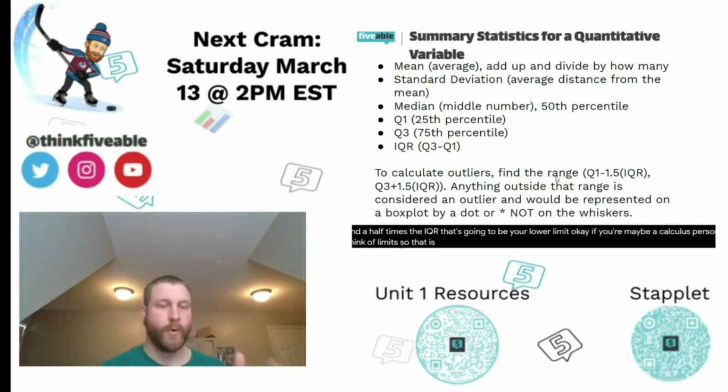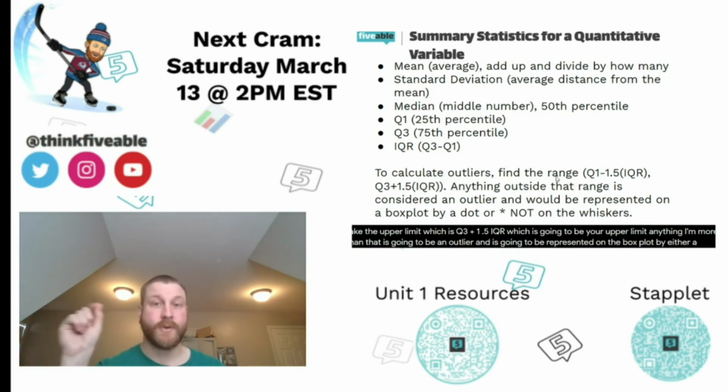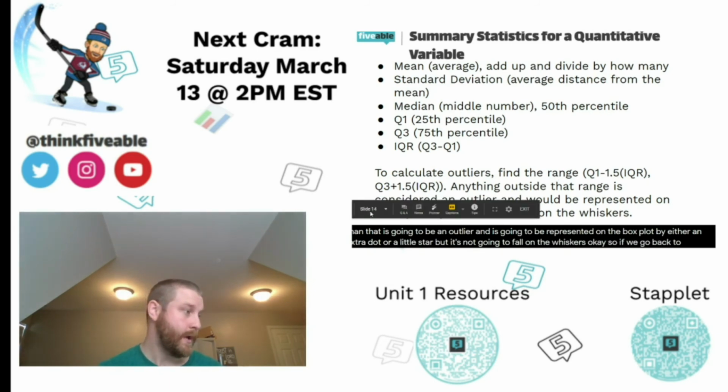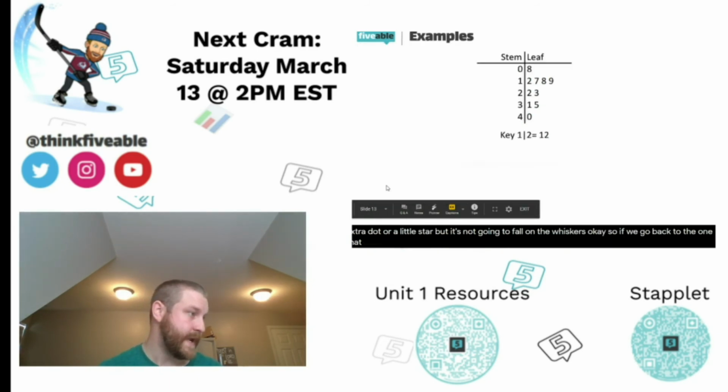Anything below that is an outlier. And then you're going to take the upper limit, which is Q3 plus 1.5 IQR. Anything more than that is going to be an outlier, and is going to be represented on the box plot by either an extra dot or a little star, but it's not going to fall on the whiskers.